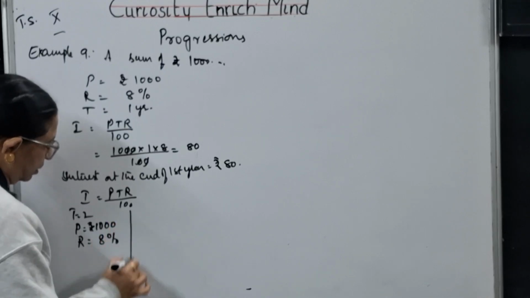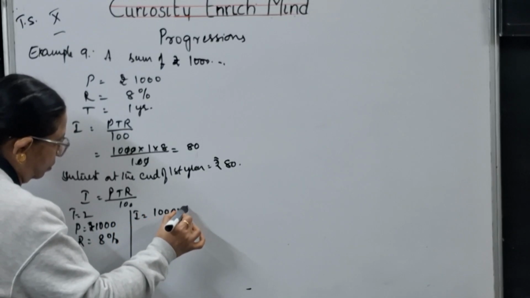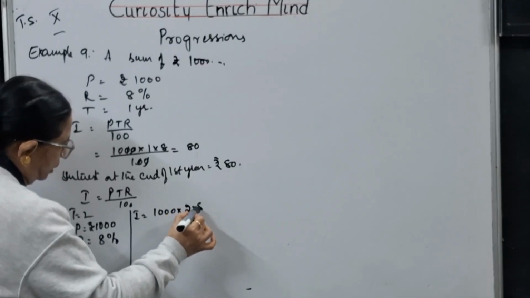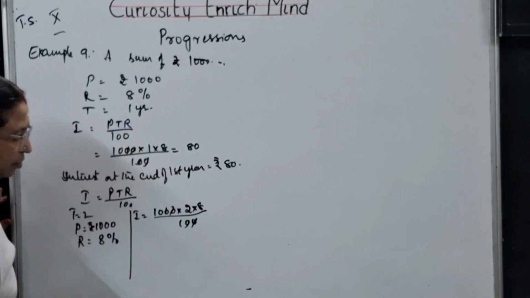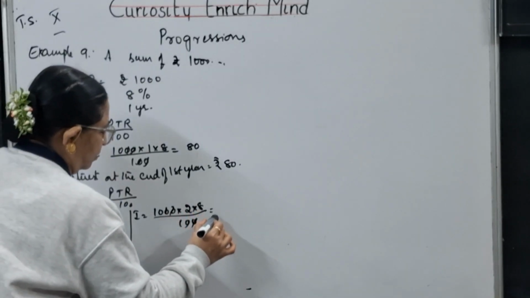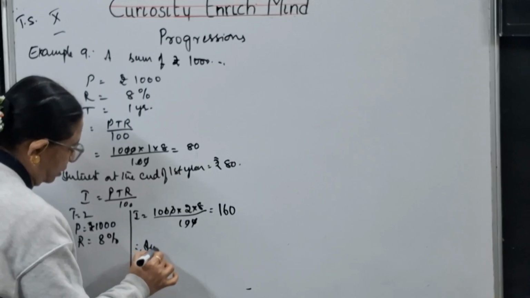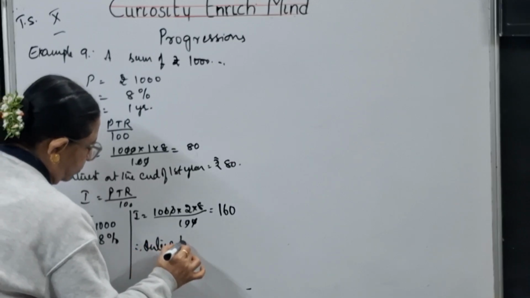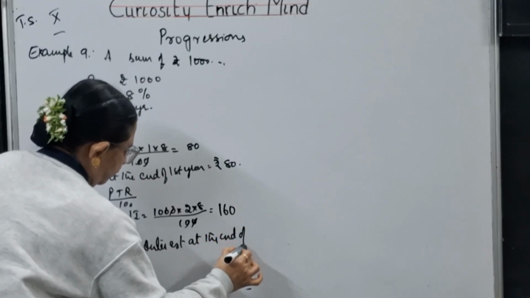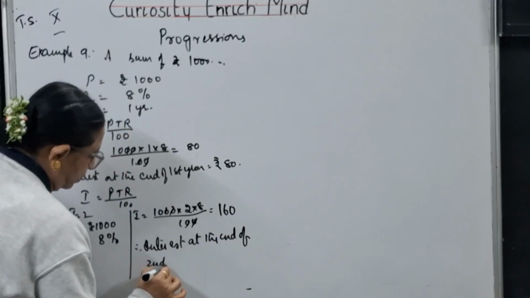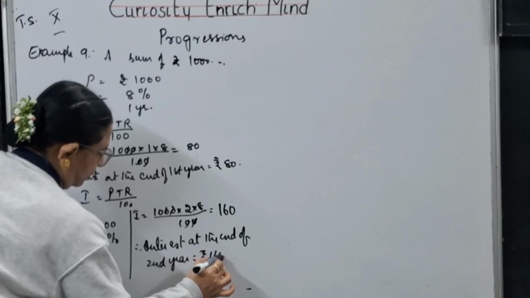So I is equal to 1000 into 2 into 8 by 100. So 2 zeros will get cancelled. This is 160. Therefore, interest at the end of second year will be equal to rupees 160.